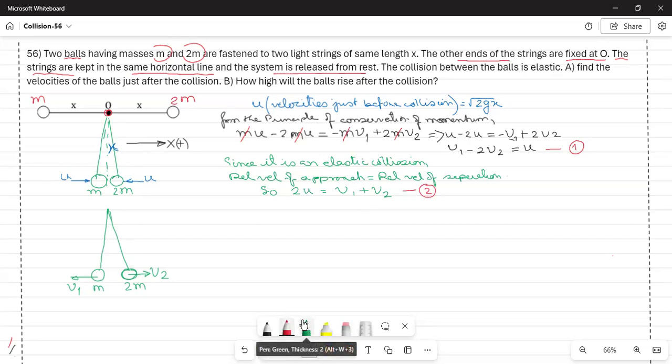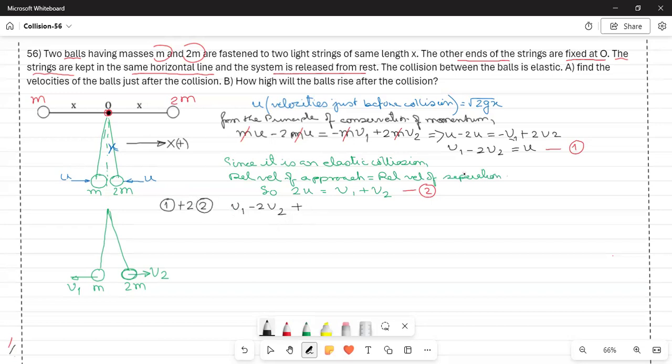So what do you do? We go to relation 1. It was v1 minus 2v2 equal to u. And to this, we add relation 2 multiplied by 2.